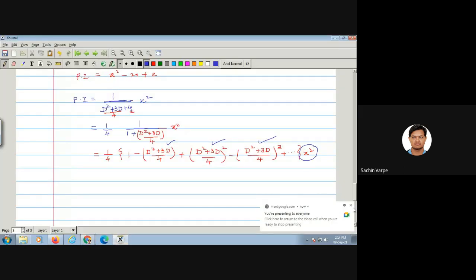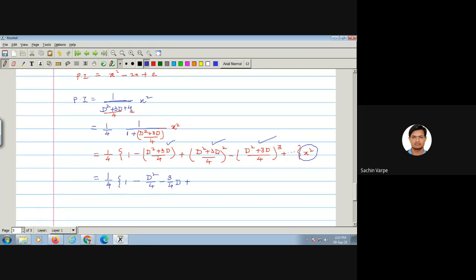So from each of these expansions, we have to consider non-zero terms. So that is equal to 1 by 4 into 1 minus D square by 4 minus 3 by 4 D, then plus, what is the non-zero term from this expansion? I think the last term is the only non-zero term, right?